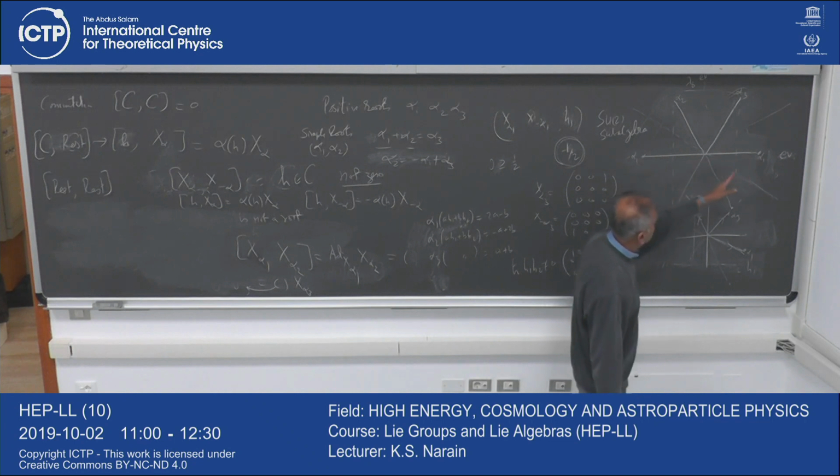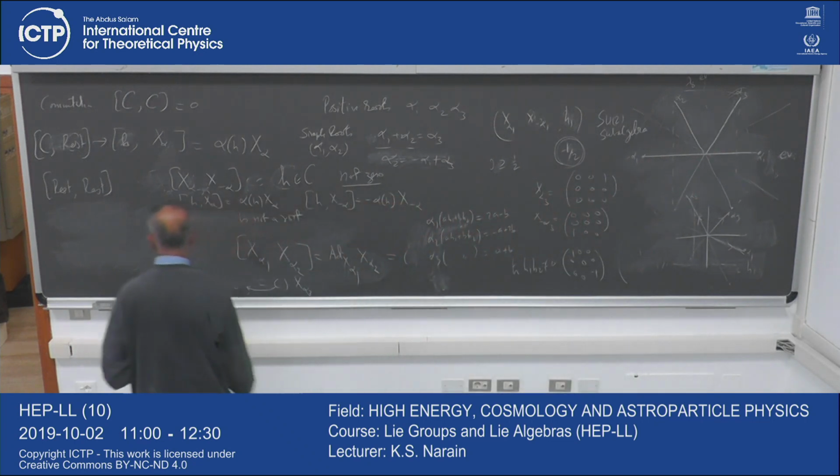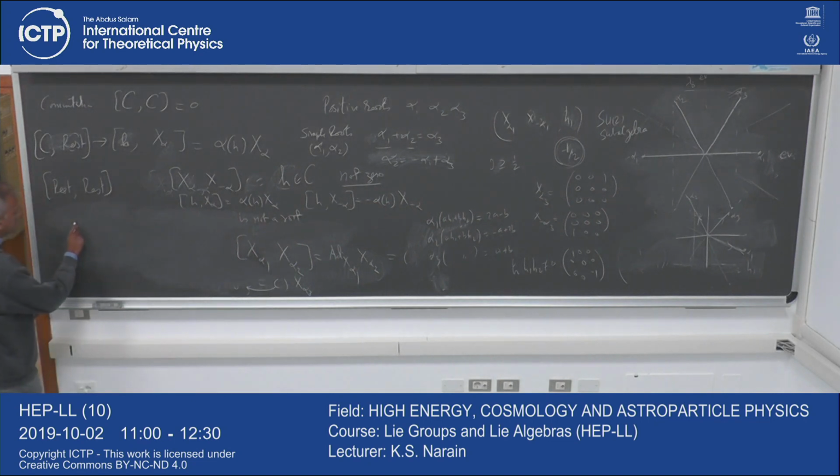But suppose I didn't know that. What happens is that you take the trace of ad of h, of any element h. You remember how we proved it in the SU2 case.